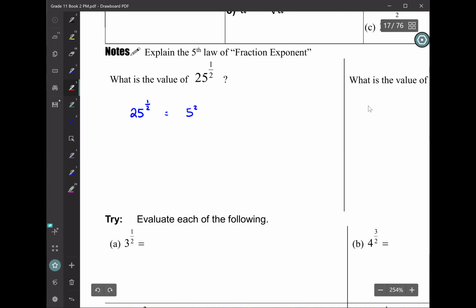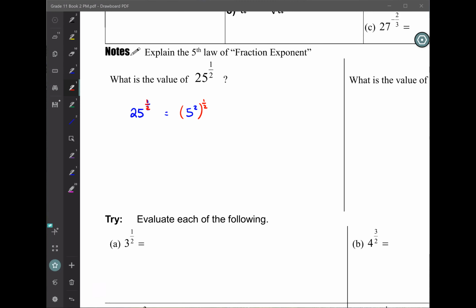The 1/2, I'll write in red. So that means the whole thing to the half. I did not change anything here, I just rewrote it, so the left side is still the same as the right side. 25, I rewrote as 5 squared.